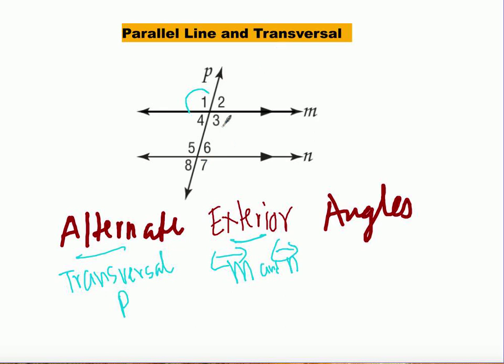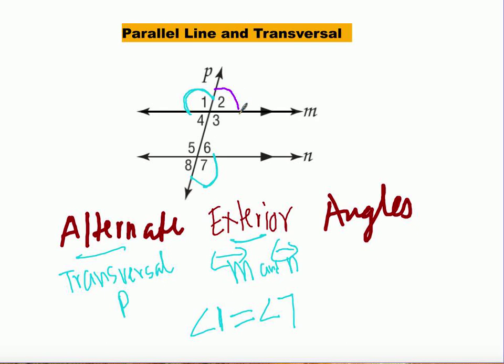So let's take a look at angle 1. Angle 1 is located right here, that is outside, exterior, and the alternate one to angle 1 would be angle 7, because they're on the other side of the transversal. So angle 1 is congruent to angle 7. Alright, let's find the next one.